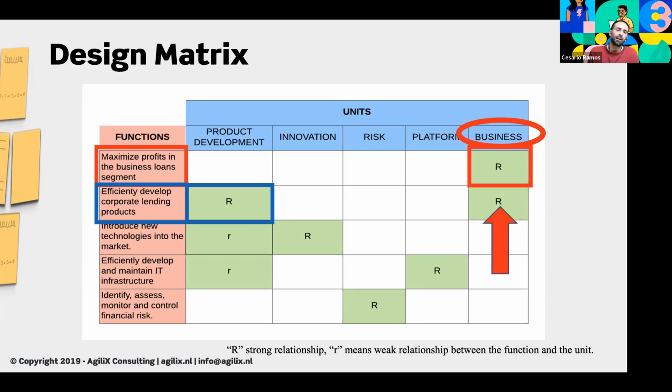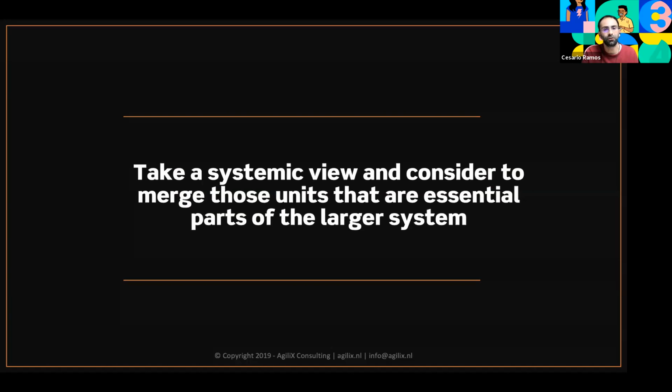So you could say, well, why not apply the same idea that we did with the innovation group? But in this case, I want to share another consideration you can take, and that is, instead of separating these two responsibilities even further, we have to take into account if these two responsibilities are actually not part of the same system, meaning, are they not essential parts of the system, in this case, the product?